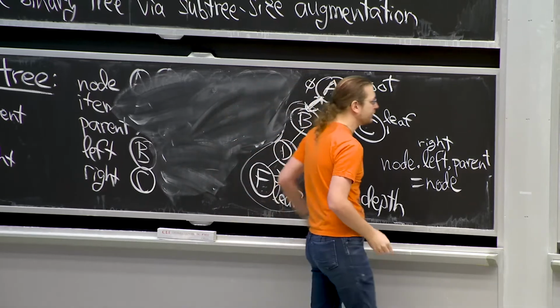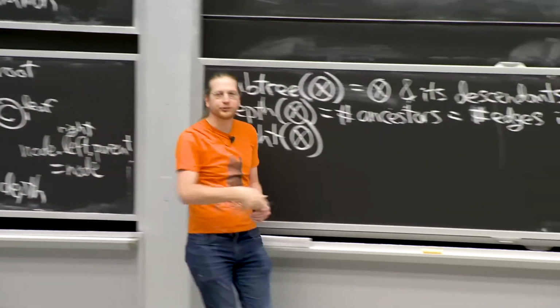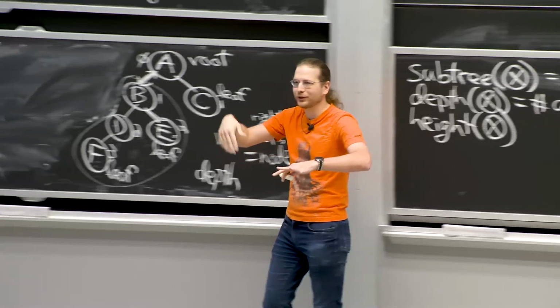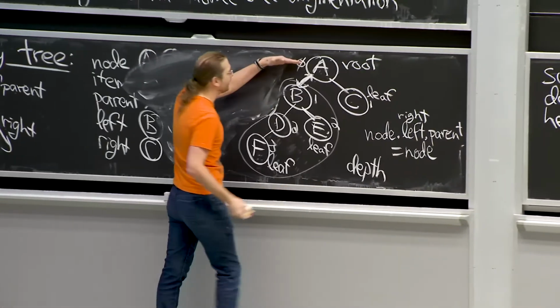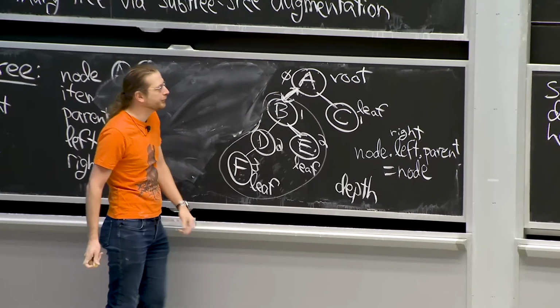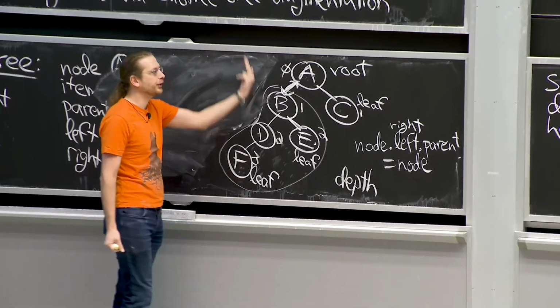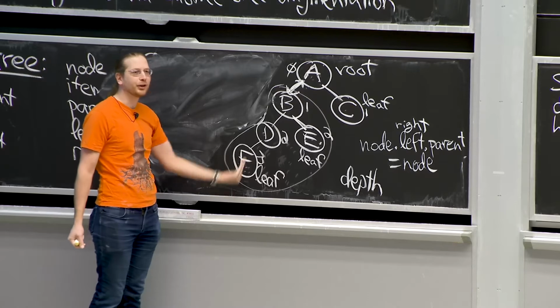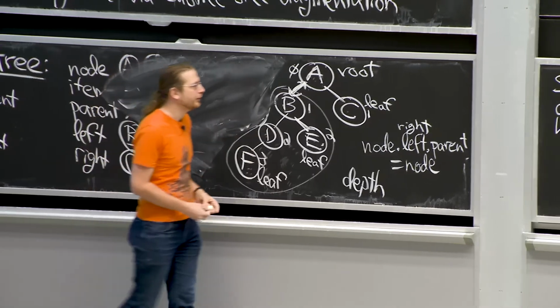All right, height. So depth is measuring downwards, because if you imagine depth within water, this is the surface of the water, and then we measure how deep you are from the surface. Height is in the reverse direction. We're going to measure from the leaf level up, because leaves are the bottom of the tree.